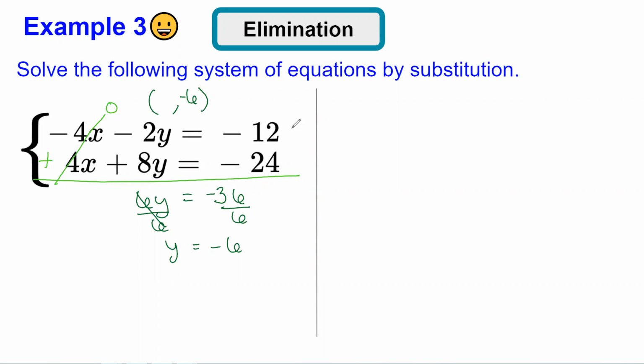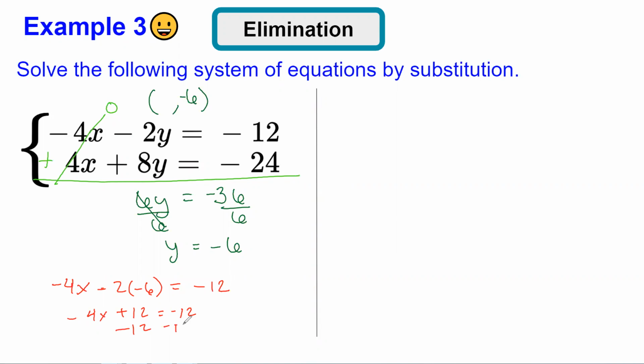Which one do you guys want to select? Top or bottom? Top, okay. So we have, let me do this one in red, negative 4x minus 2, inside parentheses, we're now going to write negative 6. Let's see, we have negative 4x, negative 2 times negative 6, positive 12 equals negative 12.